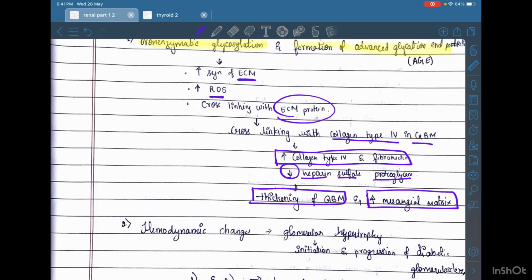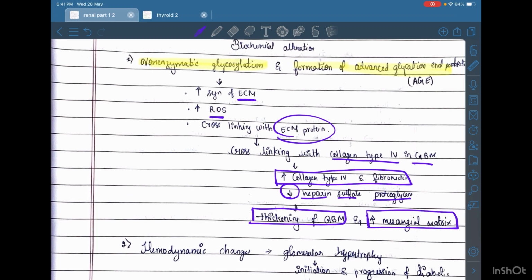So what are the events? The glycosylation products as well as the formation of advanced glycation products lead to stimulation of extracellular matrix.